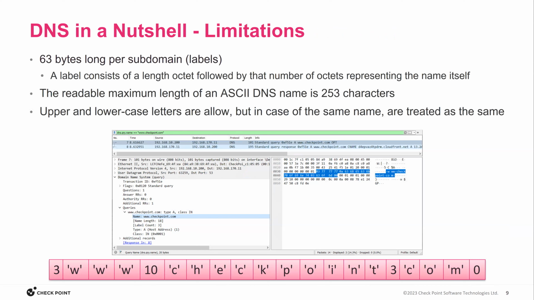In the protocol or in the packets, you have limitations on the size. These subdomains are considered labels, 63 bytes long. This is a lot of where the abuse happens, at least for DNS tunneling. You stuff information into these subdomains.